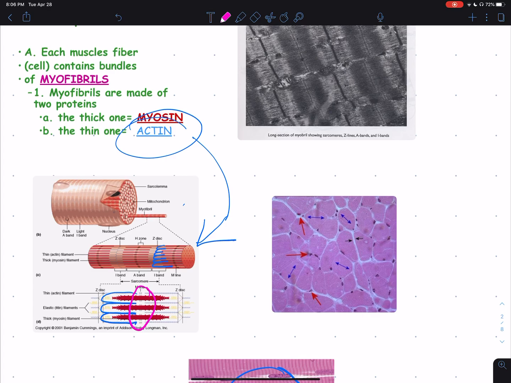And this is going to be where the myosin is attached at this midline. So the myosin reaches out this way, and the myosin reaches out this way, and the myosin reaches out.